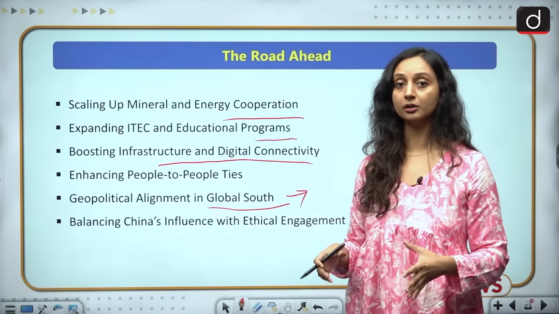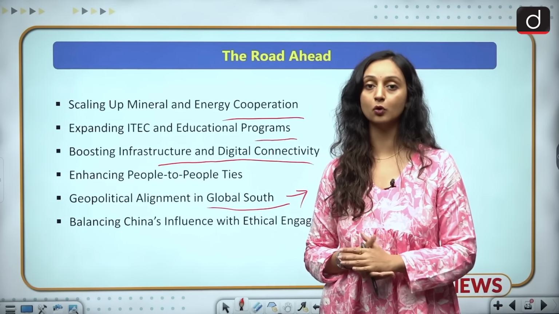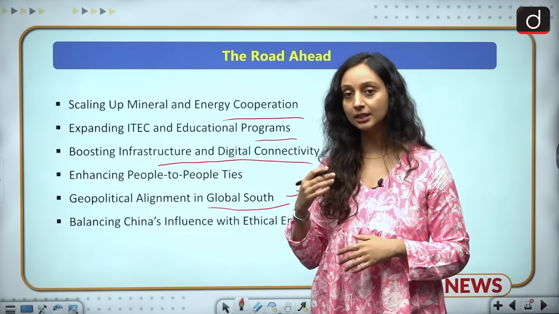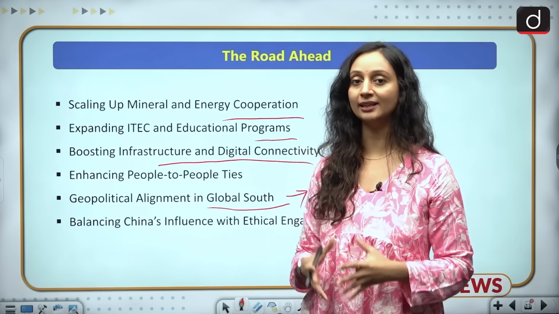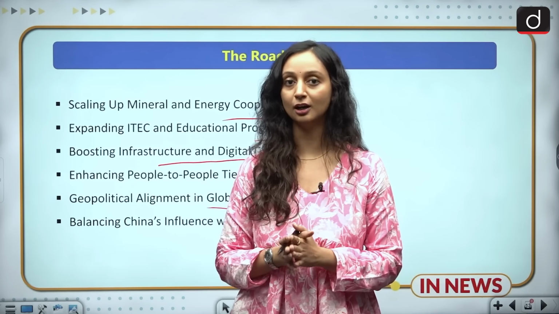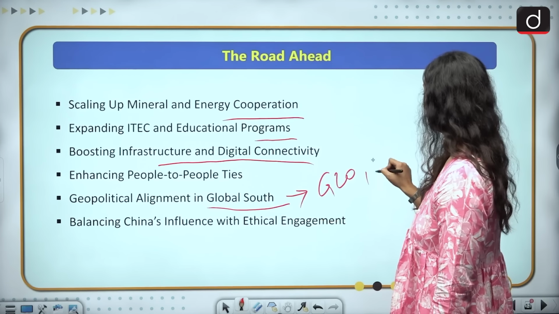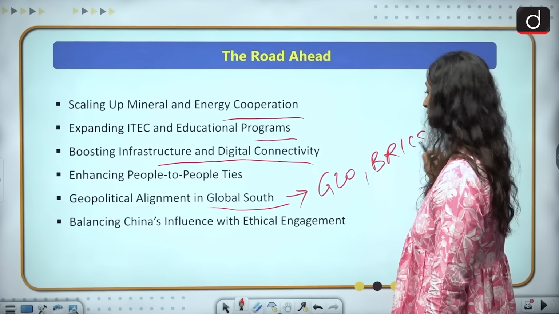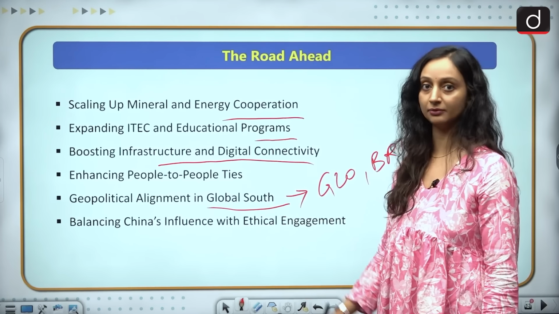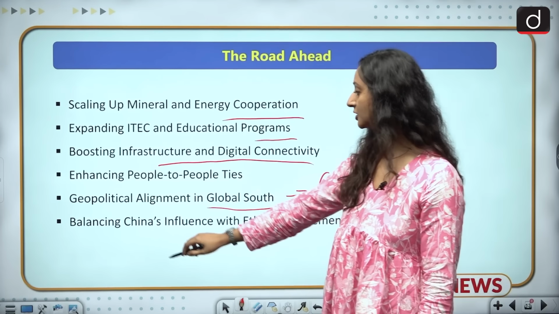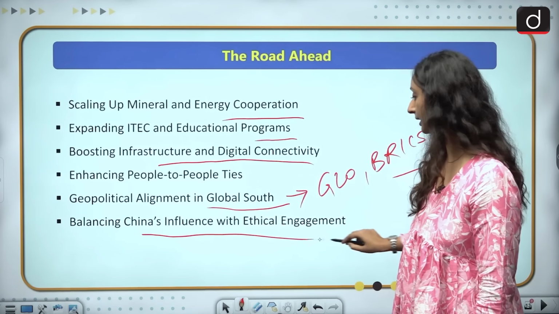Africa is a very important continent. It has 54 votes in the United Nations. So it becomes automatically important for any country that is focusing on becoming a global power. So in order to have our voice in G20, in BRICS, we need to strengthen our ties with other African nations. And we need to balance China's influence with ethical engagement.